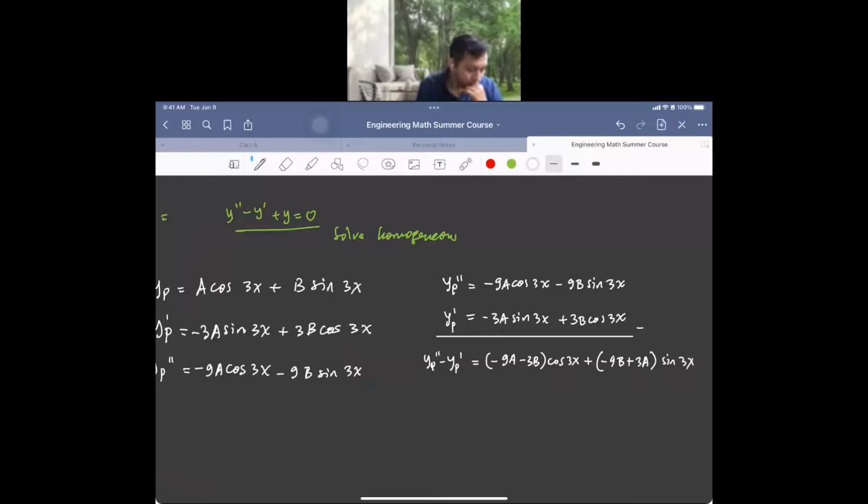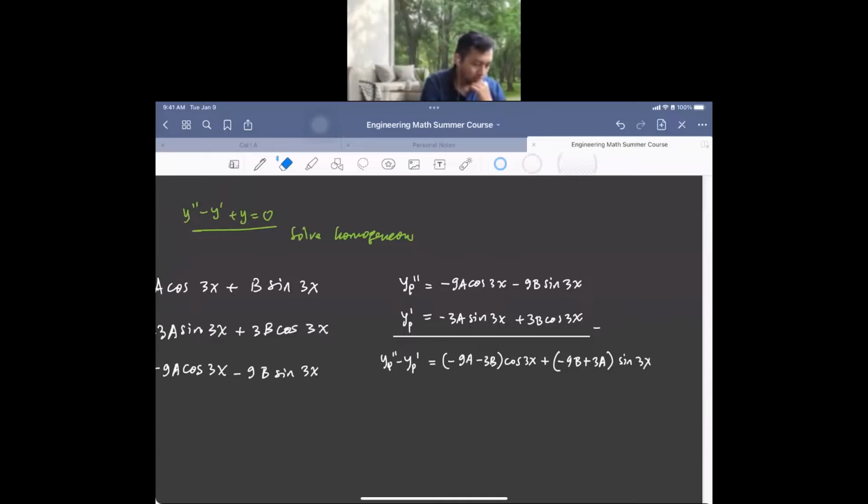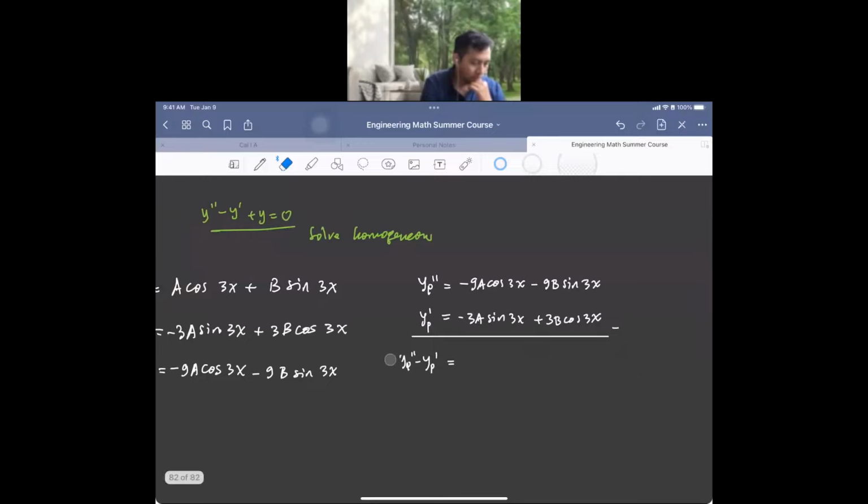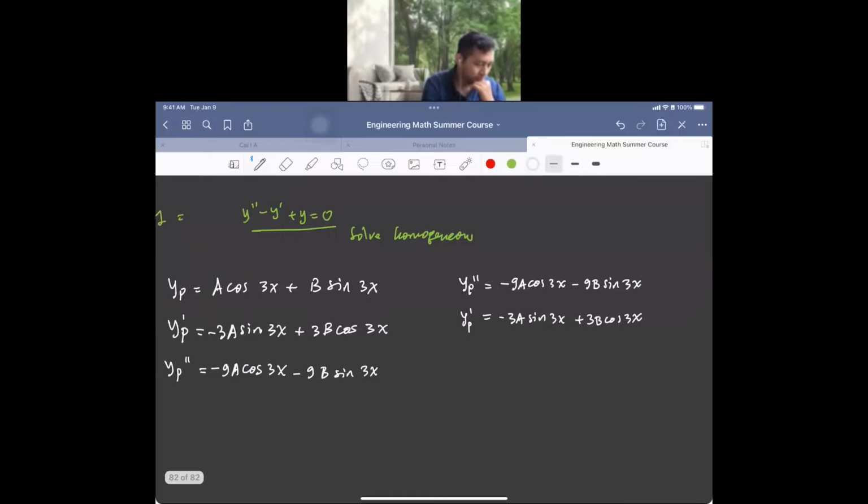Is that maybe correct? Let's just write it all out to see whether we can cancel.